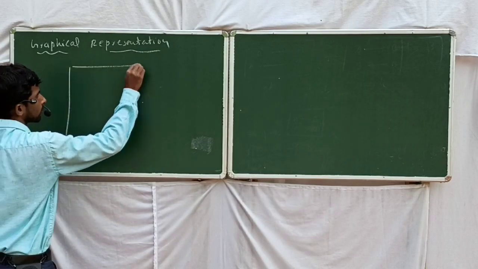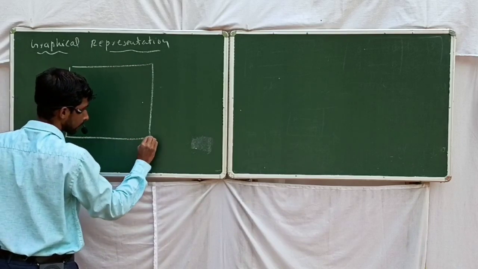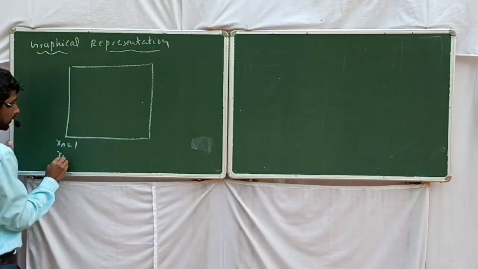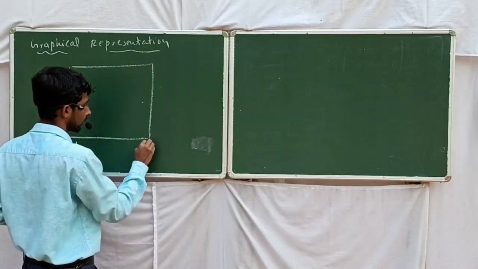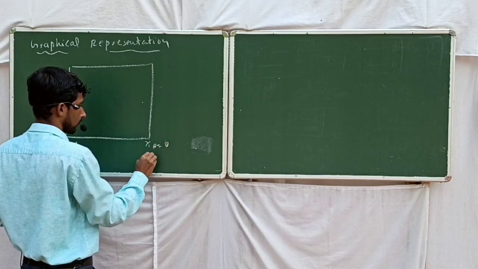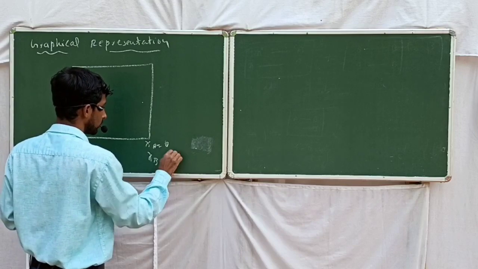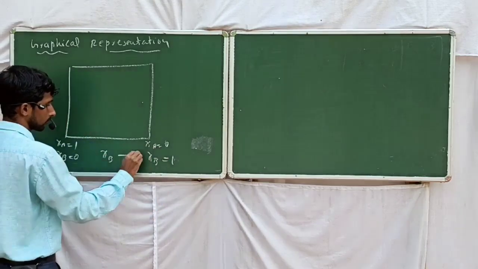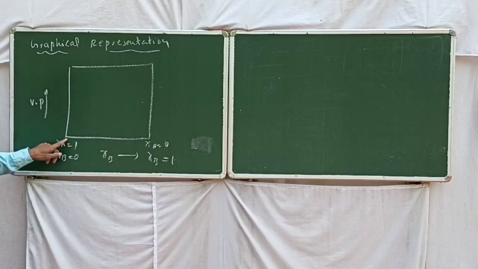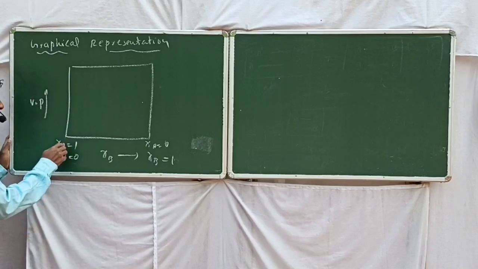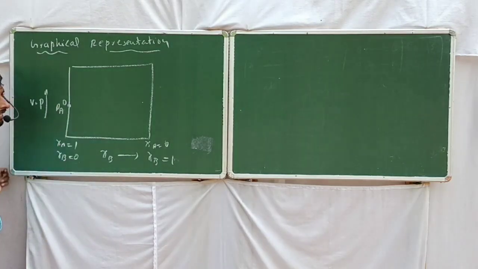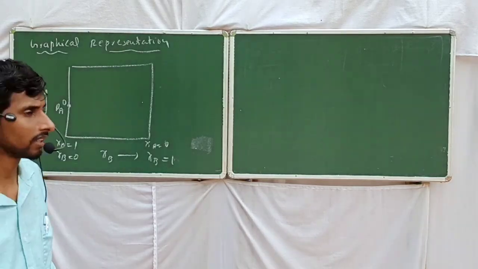Consider a solution of two volatile liquids A and B. Let xA be the mole fraction of A and xB be the mole fraction of B. Then draw a graph of mole fraction of B versus vapor pressure. At this point we have only A, so the vapor pressure corresponding to that point is PA naught. Assume component B is more volatile than A.